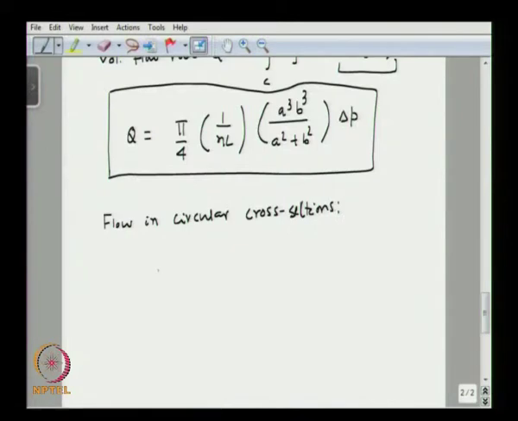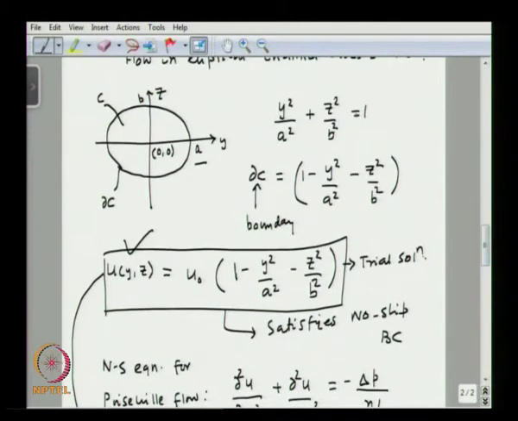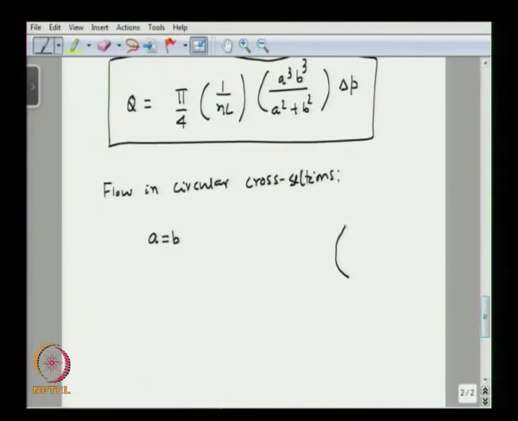So here we say that A equal to B, right. For the ellipse, if you write A equal to B, it becomes a circle. So this is a circle, this is let us say y, and this is z, and origin at 0 0.